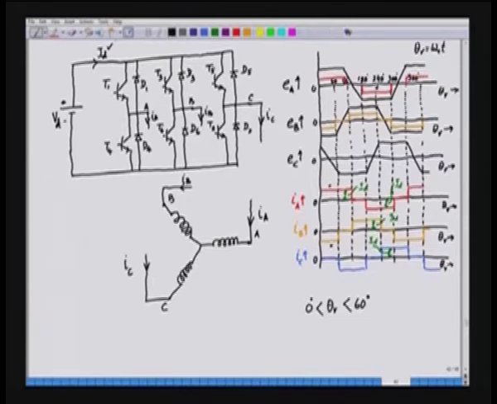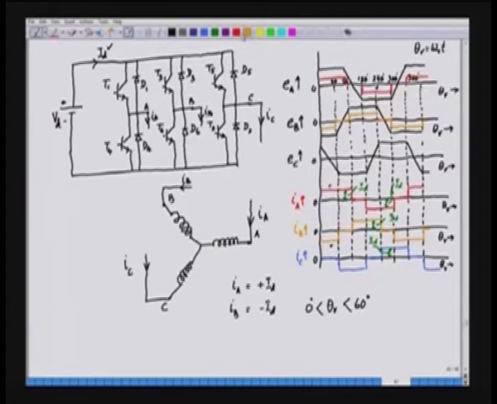And here for the first 60 degree we can see that IA is plus ID, and what about IB? IB is minus ID.